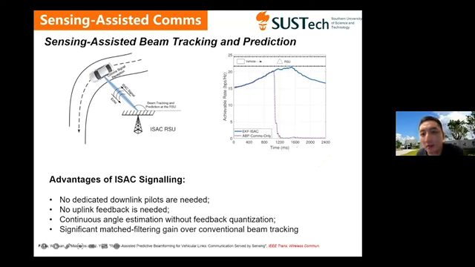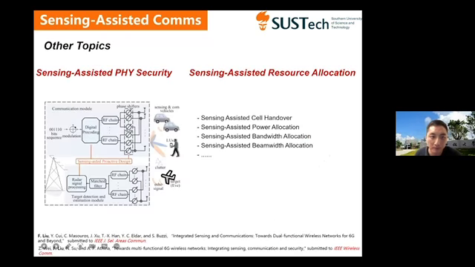This is a scenario where the vehicle drives towards the RSU and then drives away, so the communication rate first increases and then decreases. But if we're using communication-only beam tracking, then if the beam variation is very large, it cannot keep up with the variation of the angle and the movement of the vehicles. Then the communication rate will suddenly go down to 0, okay? So these are some simple comparisons.